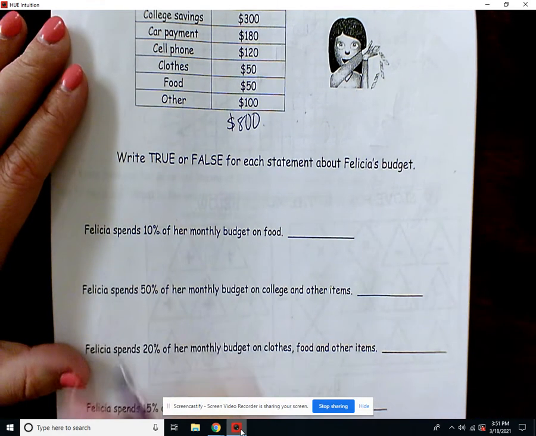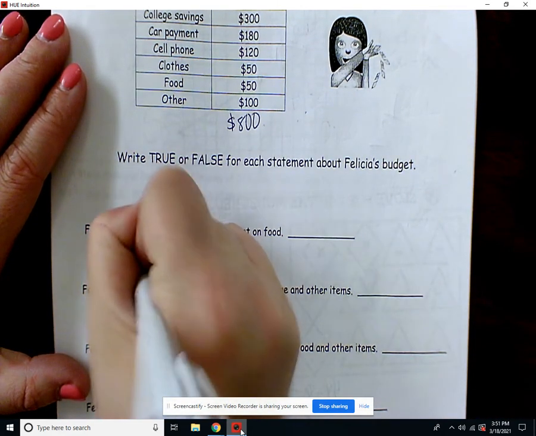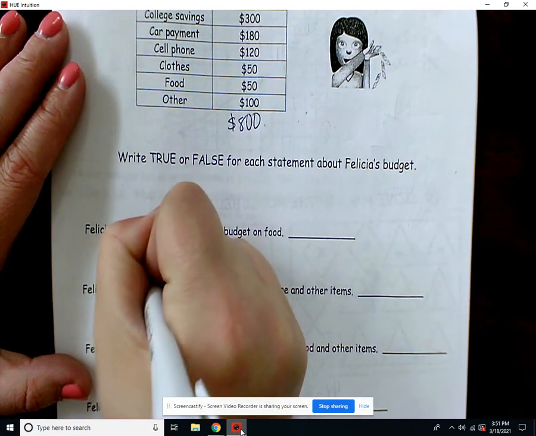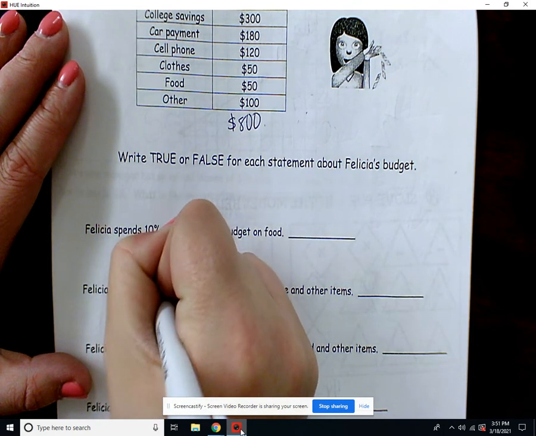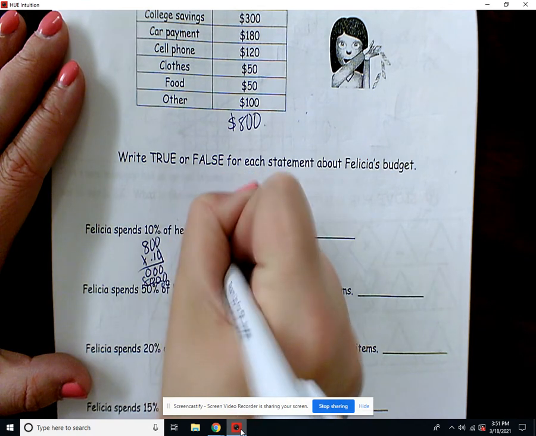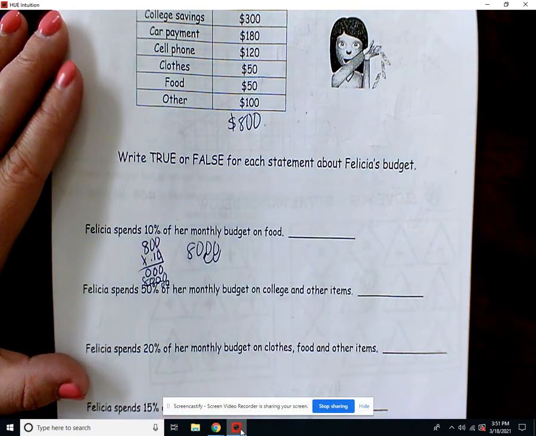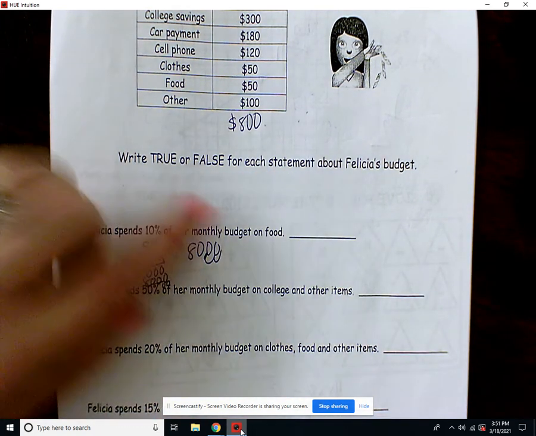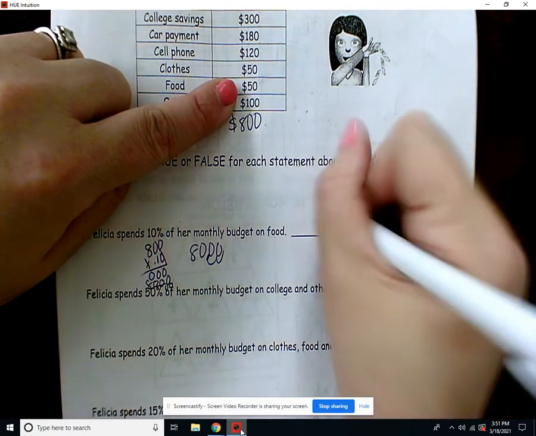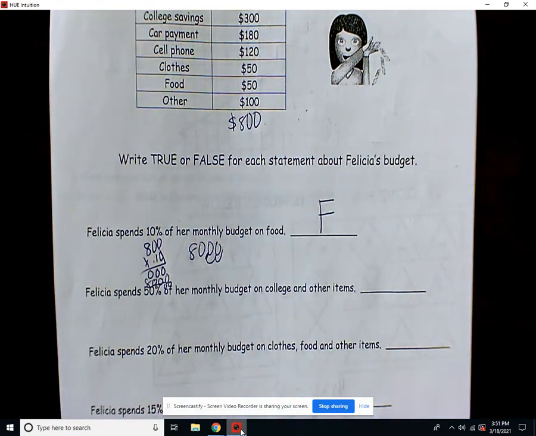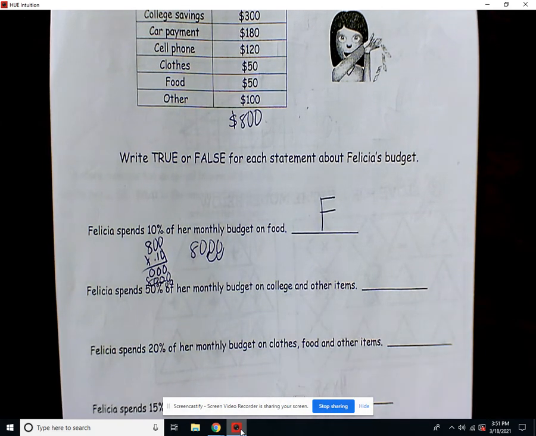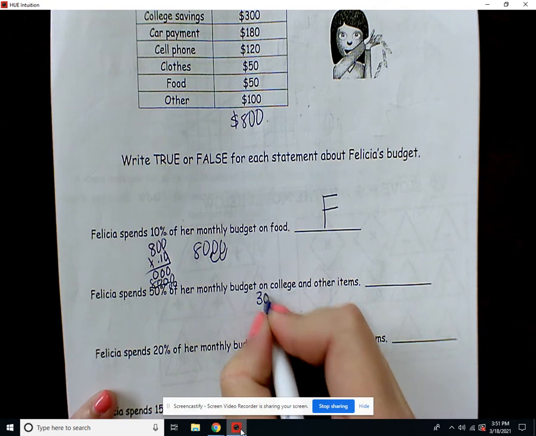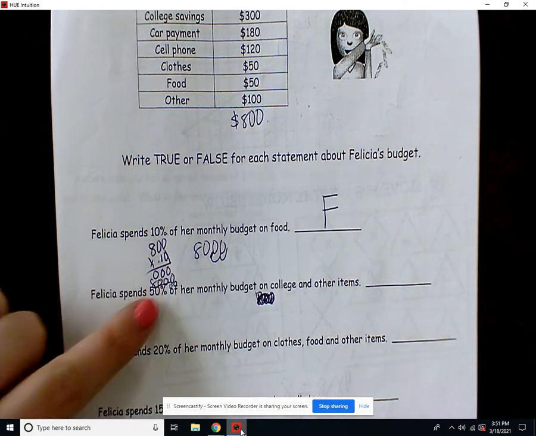So Felicia spends 800 times 0.10, which is $80. So is food $80? No, that is false. Okay, 50% on college and other items. We are going to have to add those. Sorry, we're doing 50% of 800.